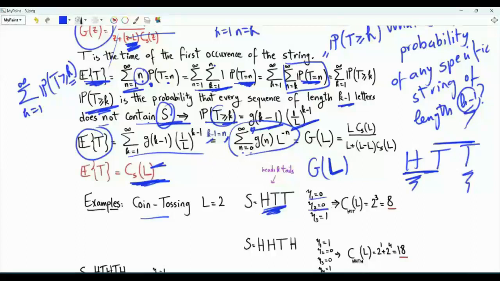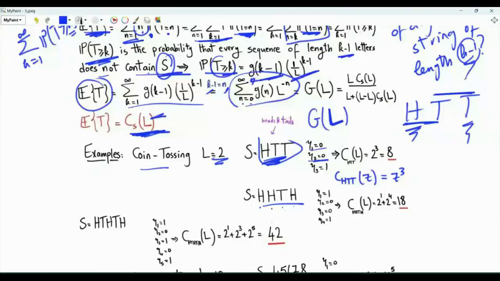HT is not TT, so eta 2 is 0. Then eta 3 is 1. The polynomial here of HTT, if we write it in terms of z, is 0 times z plus 0 times z squared plus 1 times z cubed. If we put z equal to L, which is 2 in our case, we get 2 cubed, which is 8. On average, we need 8 tosses till we get HTT for the first time.